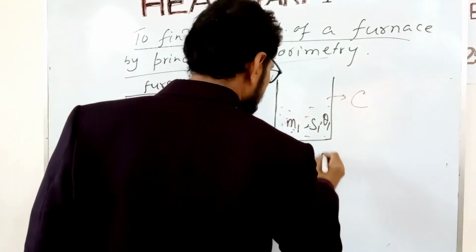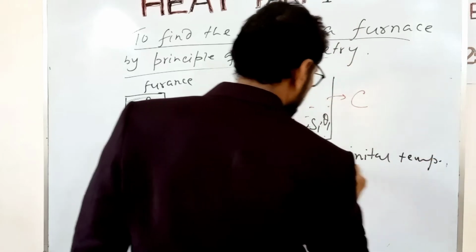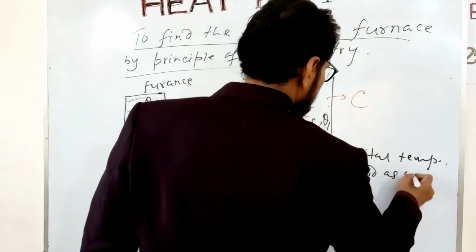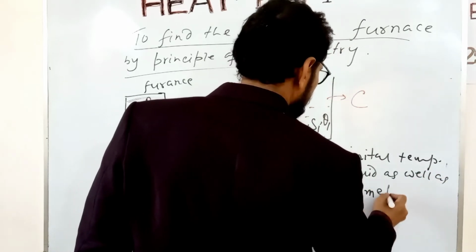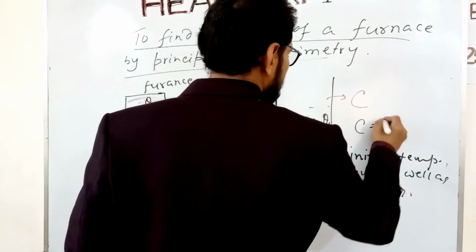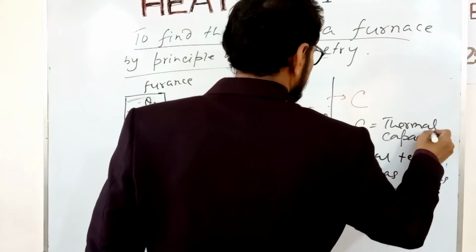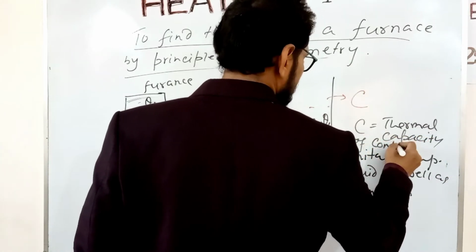Theta 1 is the initial temperature of the liquid as well as the calorimeter. C is what? C is the thermal capacity, or heat capacity, of the container or calorimeter.